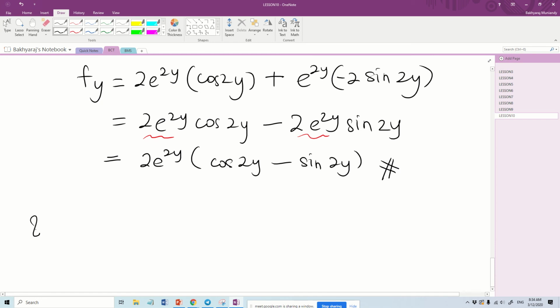This one I think is number 8. Okay, number 8, I give you f equal to.